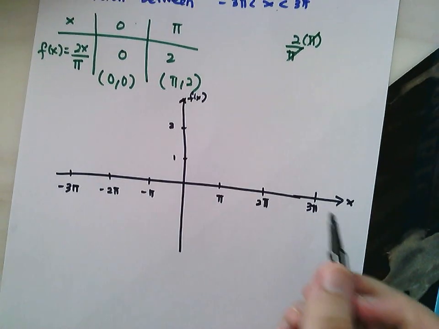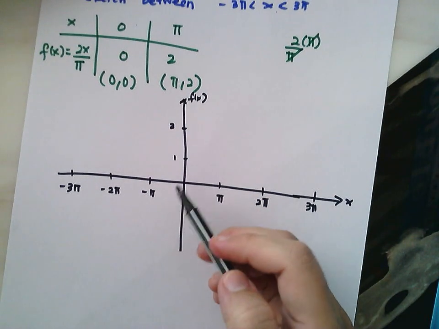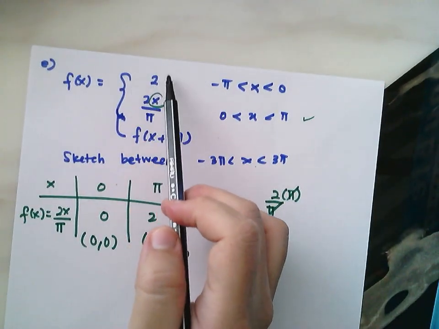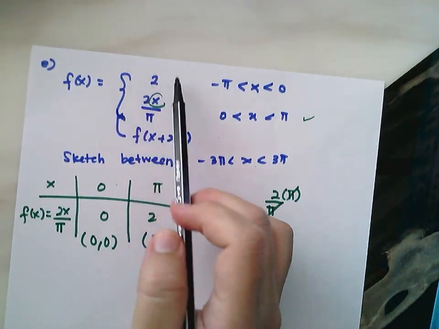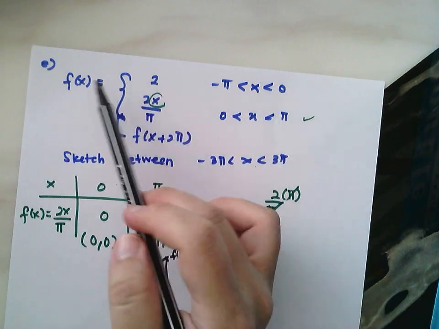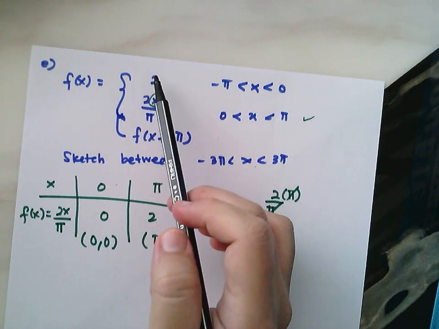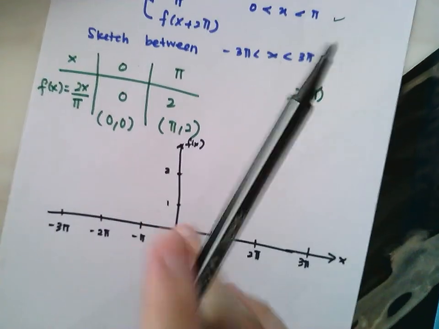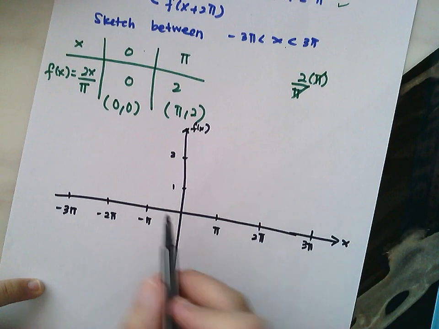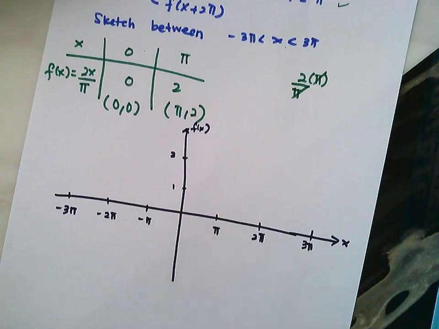Why here am I using 1 and 2 instead of pi and 2 pi? Because you have to consider your f(x) here, because now you have 2. Between negative pi to 0, your f(x) equals 2. So for your first function from negative pi to 0, your f(x) is always equal to 2.